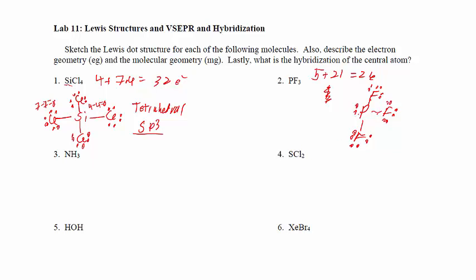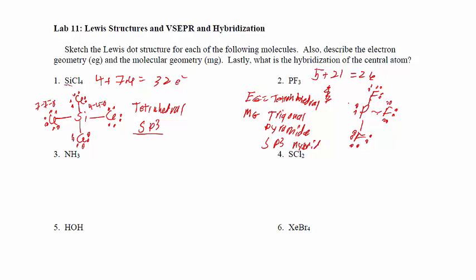There are 3 things attached here, but there's 1 lone pair, so actually 4 things attached. The electron geometry is tetrahedral, molecular geometry is trigonal pyramid, and it's still sp3 hybrid.